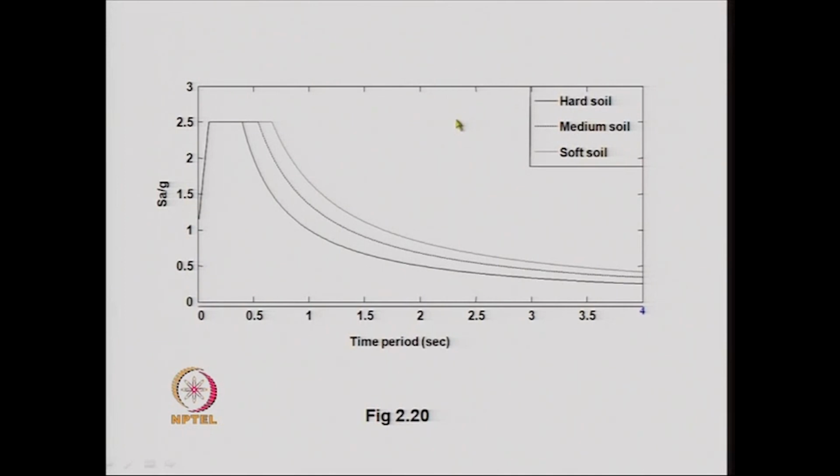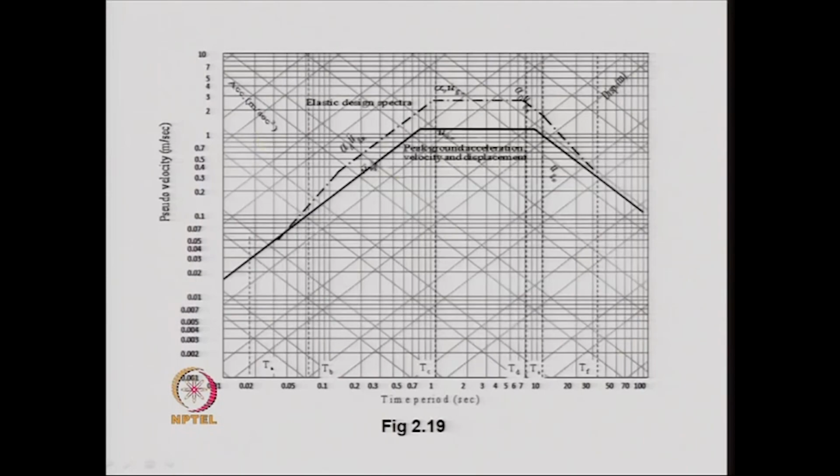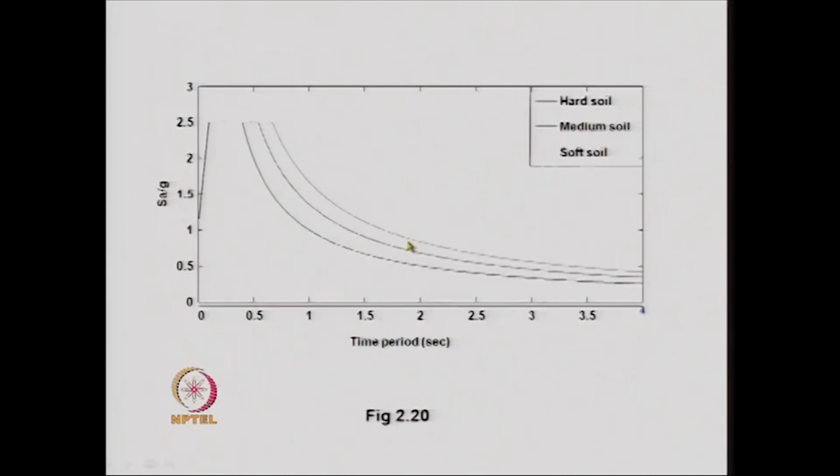Now, if we wish to plot the spectral acceleration versus time period on ordinary paper, that is, not a log scale but an ordinary scale, and normalized with respect to gravity g, that SA by g plot can be shown to be of this type. This shape has emerged from the shape of the response spectrum observed in a tripartite plot.